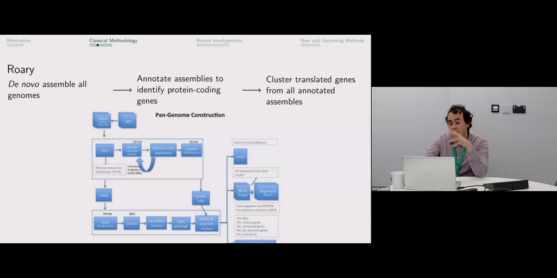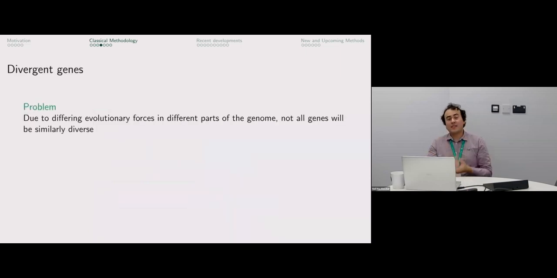Those post-processing and iterative clustering steps are necessary because of two problems that complicate pangenome inference from this very simple clustering problem. The first of these is the fact that relatedness is not actually the same across all genes in an organism. Bacteria are evolving, and different parts of the genome are evolving at different rates.